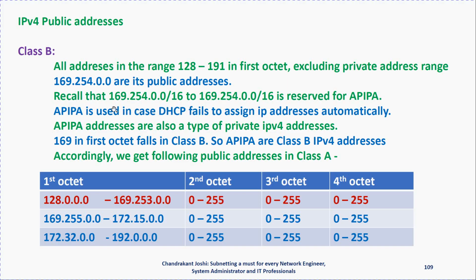That network device will automatically assign an IPv4 address from this particular range. So this is also a type of private IPv4 address. So from this range you get rid of the private ranges, this one and the other one, 172. Whatever comes, those are the public IPv4 addresses.